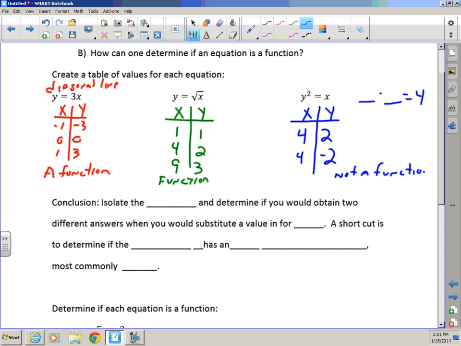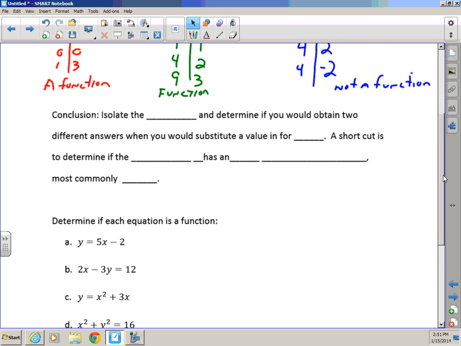So what's the distinguishing factor or characteristic that tells us an equation is not a function? Well, one way we could do it is isolate the y value and determine if you would obtain two different answers when you substitute a value in for x. Okay?